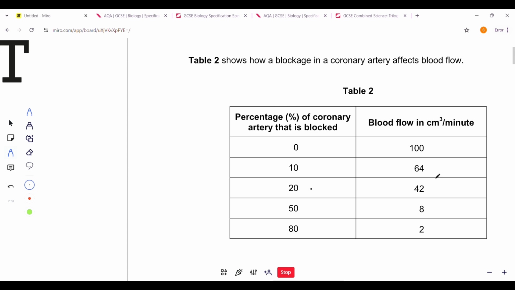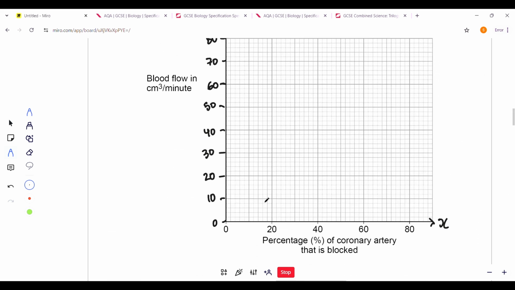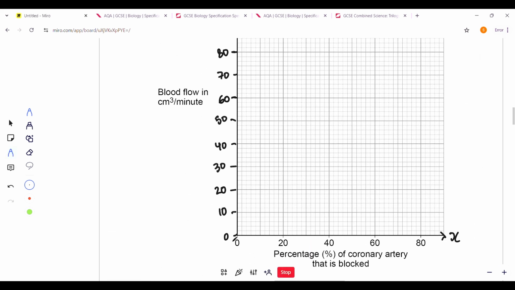Right, so let's go up to the next one. 10 and 64. I would not go up to this one. I would not count up 10 squares and go up to this one. That is 20, right? So between this line here, that's 20.